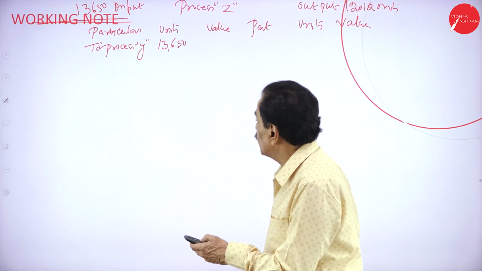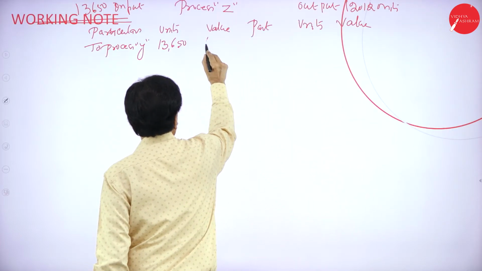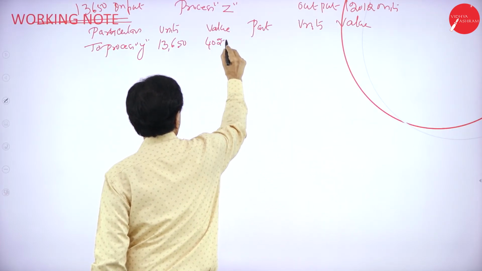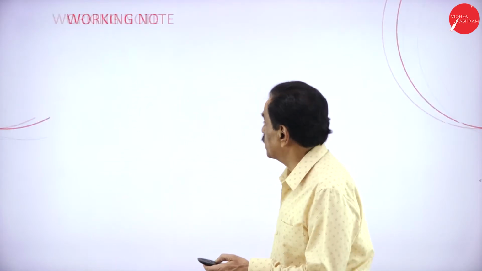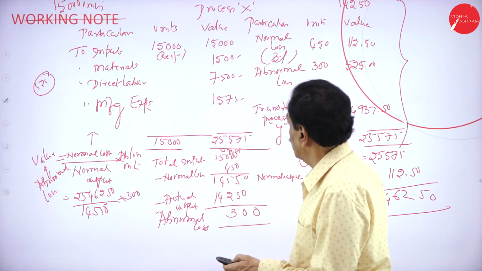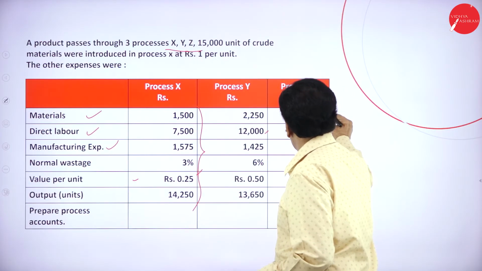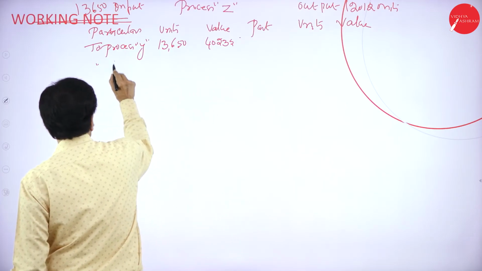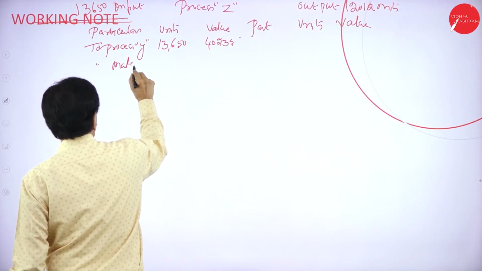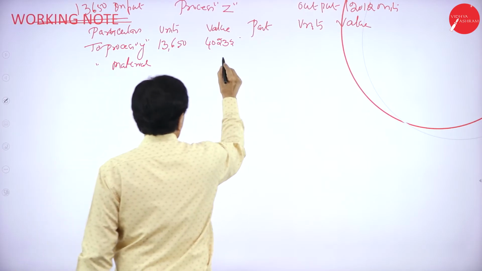And your value is 40,235. That goes to last one. Now we'll go with your expenditure now. Material cost 750 to material. This is the value 750 rupees.